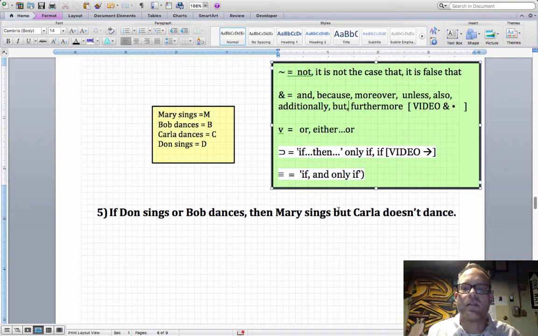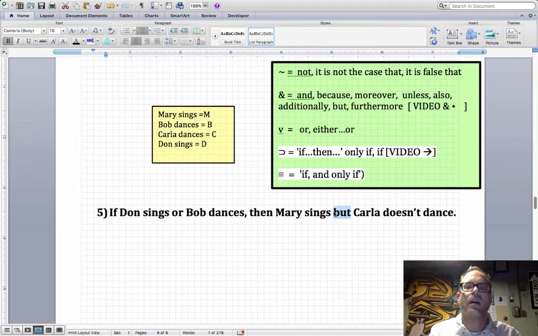But for us, this but is a conjunction. It means this and this. You're asserting two things, right? So D wedge B implies Mary sings, which is an M, but Carla doesn't dance, and remember, Carla dances is a C, so we've got a not, so we put not C.